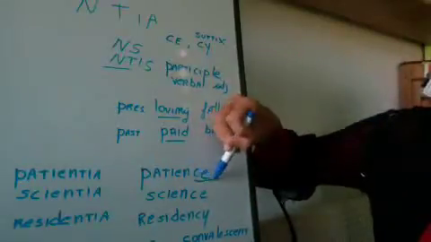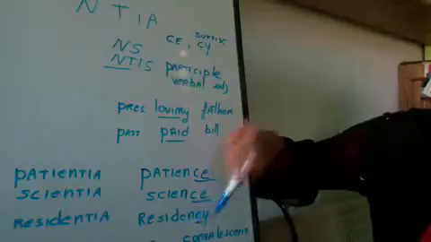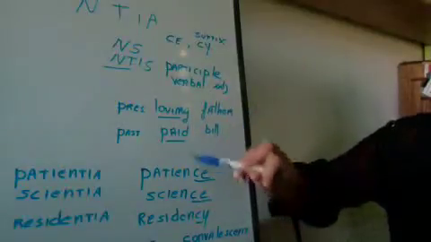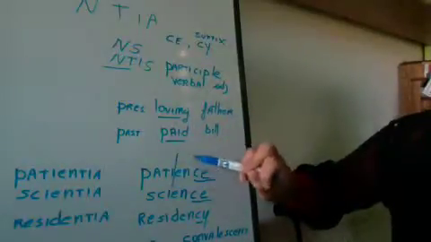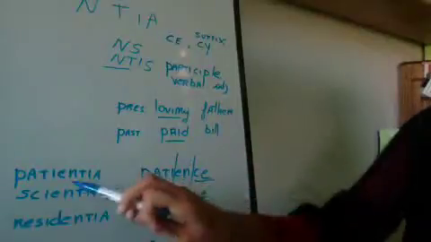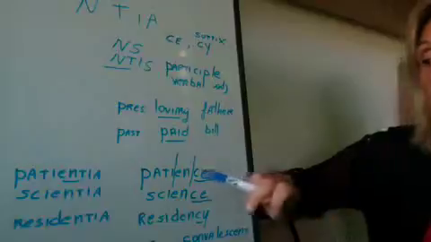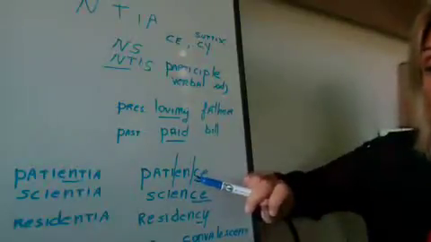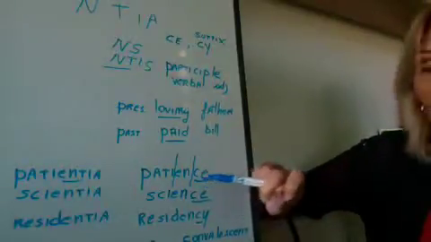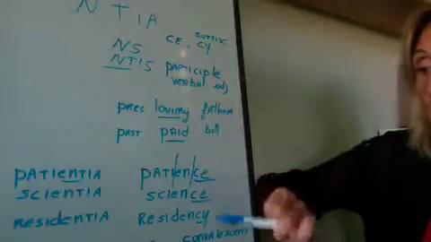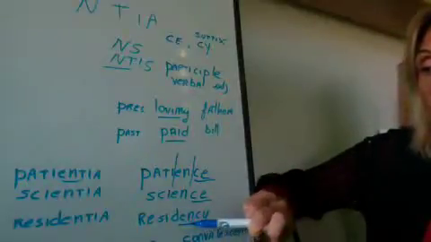So with CE or CY, you can see that here the EN is part of the NT of the Latin, that becomes ENCE or ENCY in English.